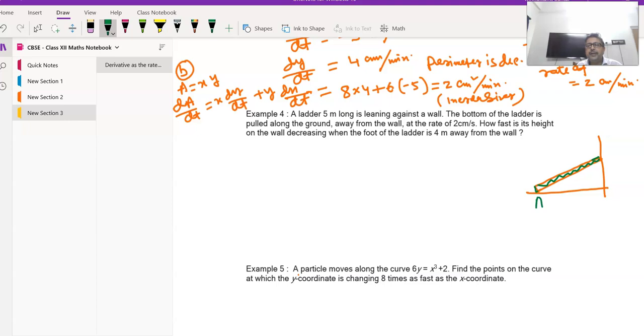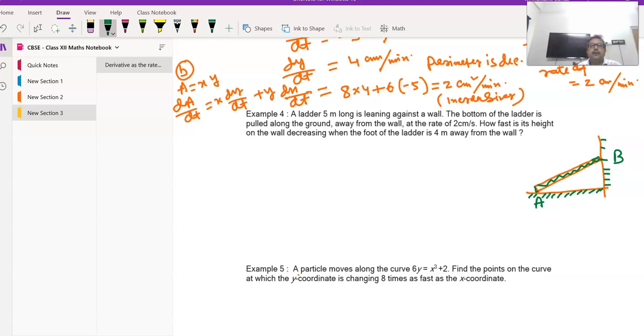This is the ladder AB. This is your wall where it is leaning. This is the ground on which it is leaning.